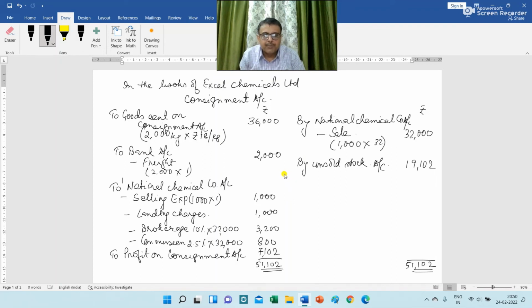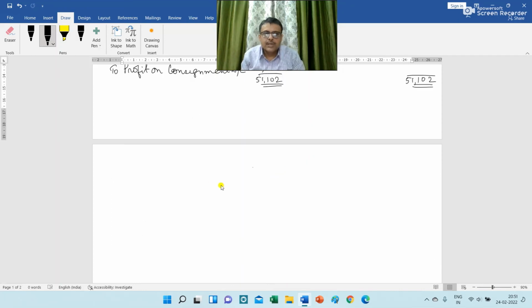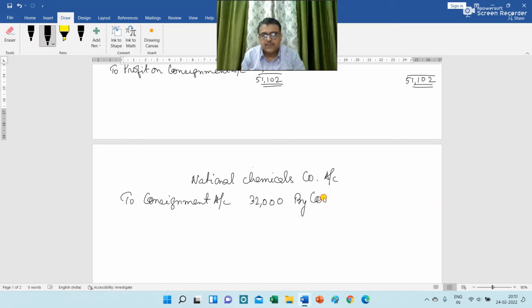Now I will prepare the consignee account. Here I am preparing the consignee account, and the name of the consignee is National Chemicals Company account. On the debit side you can write to consignment account, the amount of sale proceeds, that is 32,000. On the credit side, this is the amount of expense incurred by the consignee, and this is 6,000.